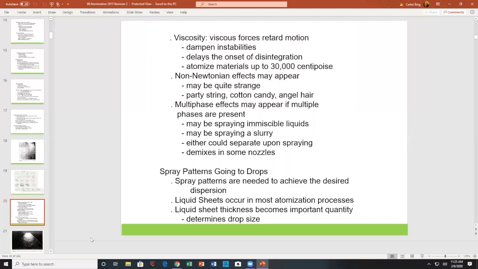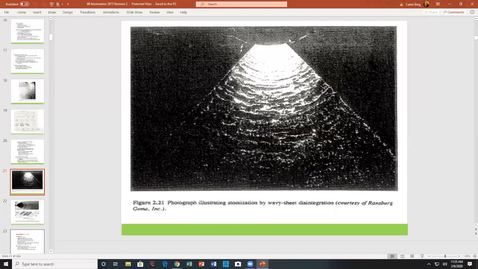Spray pattern goes to drops. Let's take a look at spray pattern. You start out with a sheet and it goes into waves or ligaments, and the ligaments finally break down into drop sizes or drops. Now you've got to recognize a couple of things. I suspect, looking at this, that the drop size distribution here is quite different than the drop size distribution over here.